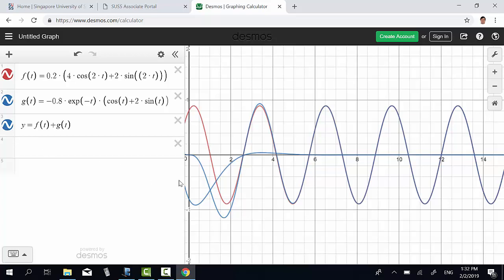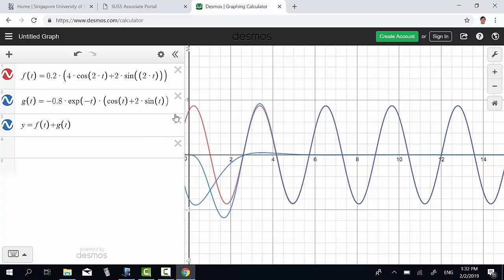You notice that the final current is a sum of these two. So this one is actually the final current.